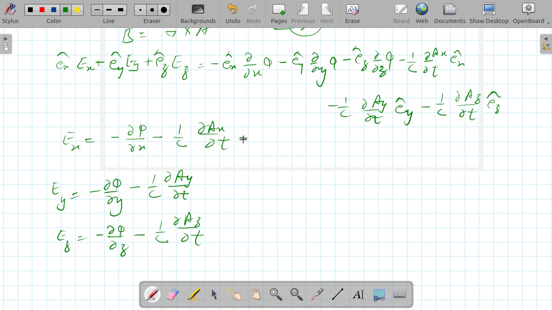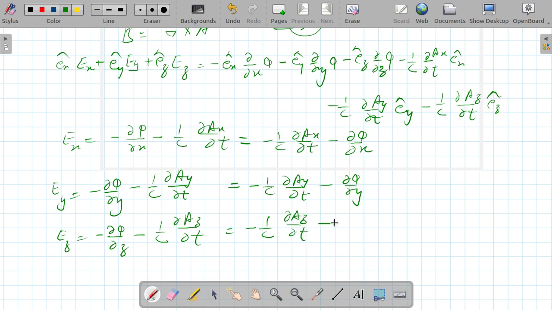And let me express it as minus 1 by c ∂Ax/∂t minus ∂phi/∂x, this can be expressed as minus 1 by c ∂Ay/∂t minus ∂phi/∂y, and it is equal to minus 1 by c ∂Az/∂t minus ∂phi/∂z.